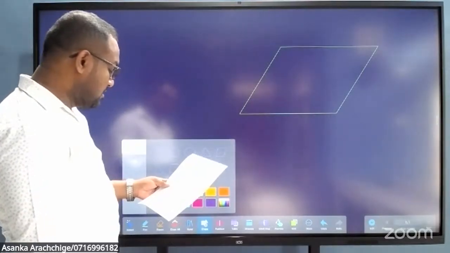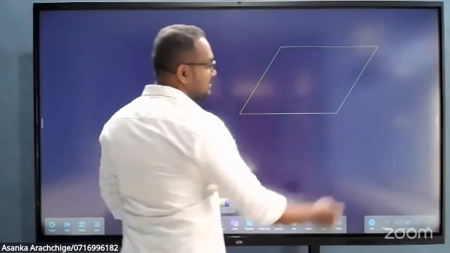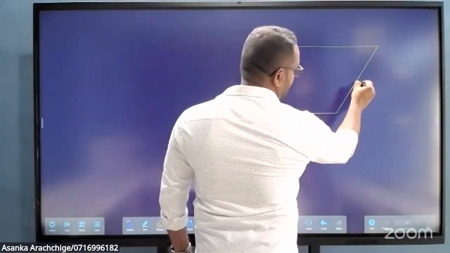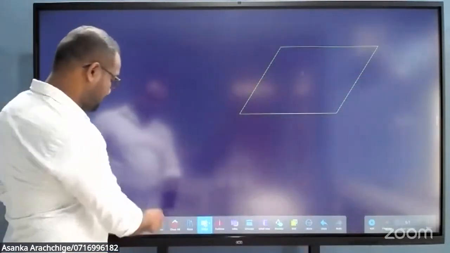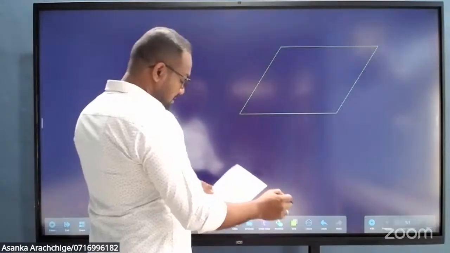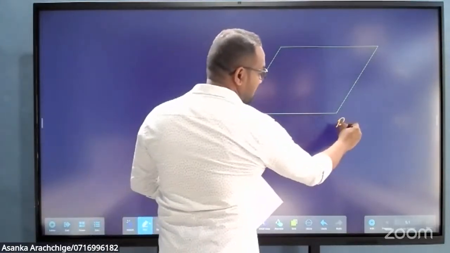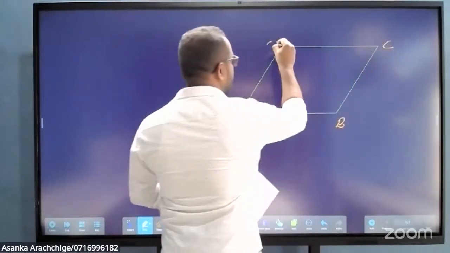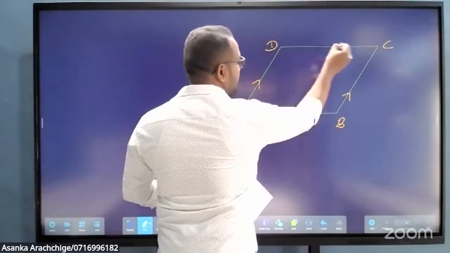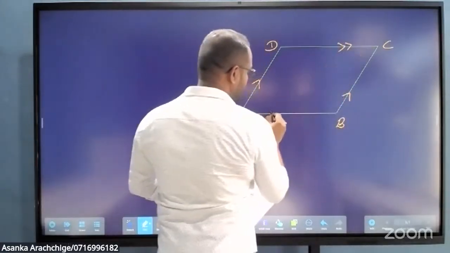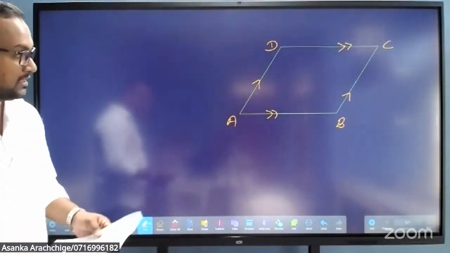In this parallelogram, E is the midpoint of BC. This is the midpoint of the side BC. The parallelogram is named ABCD. Opposite sides must be equal.